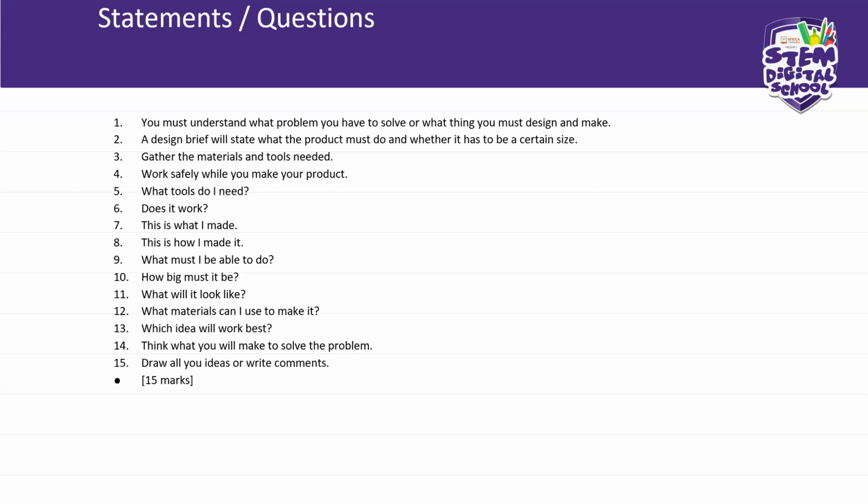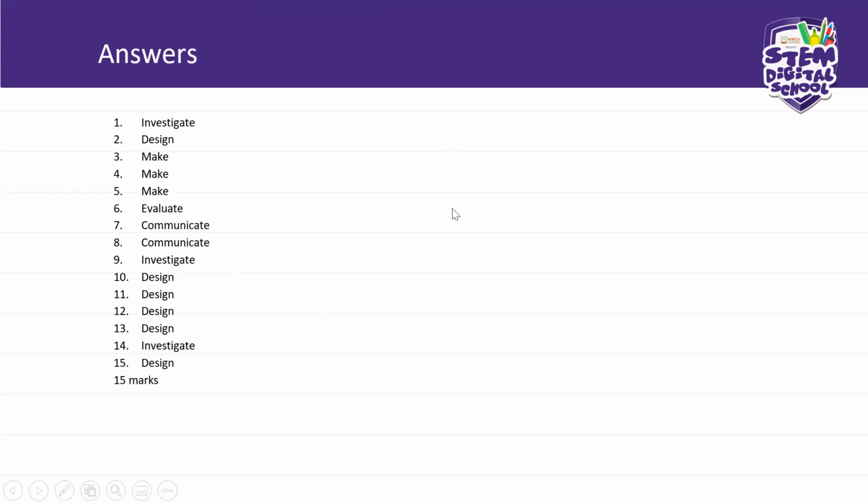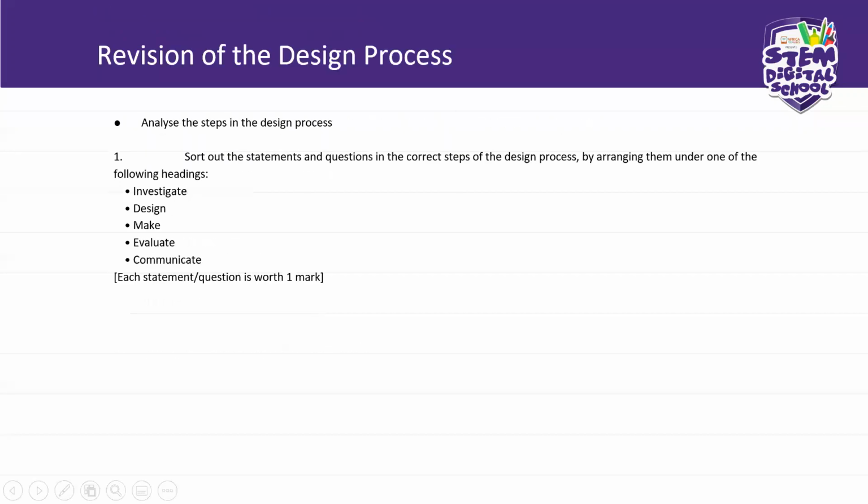Okay, let me help you. Let me take you back here. I want you to write down these stages so you don't forget them: investigate, design, make, evaluate, and communicate. Please jot them down. I'll give you a few minutes to do that.